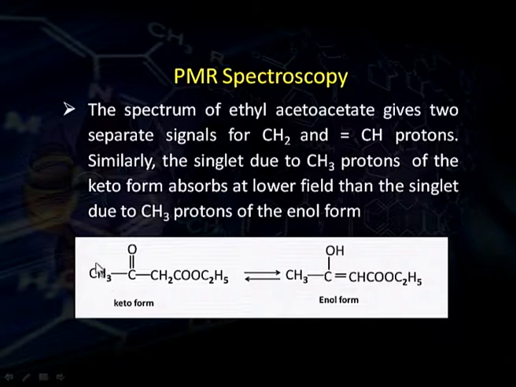So, that CH3 gives a singlet at a lower value as compared to this CH3 which is attached to the double bond. By comparing the areas under the absorption peaks of keto and enol forms in the PMR spectrum, the percentage of keto and enol forms in the tautomeric mixture can be calculated.